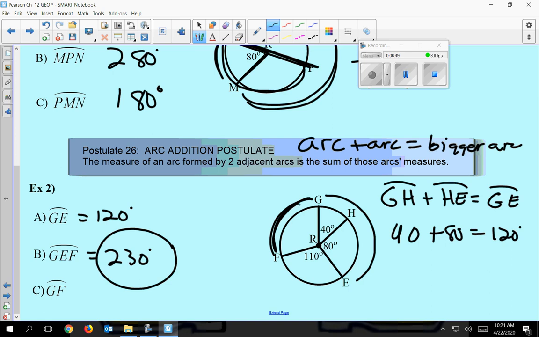So shouldn't I be able to take the entire circle and subtract what I had before and get the measure of this last arc? So hopefully that makes sense. And I could do that. So GF is 130 degrees. Okay. So test question right there too. Hopefully not too difficult.